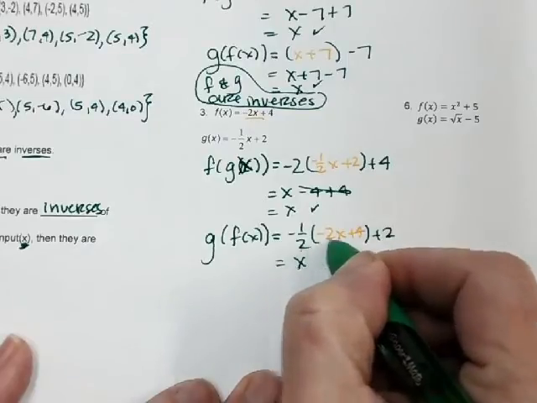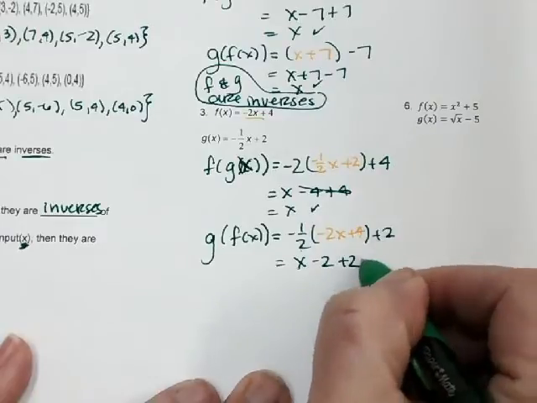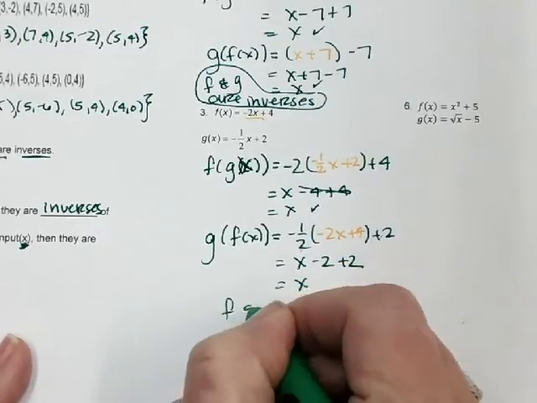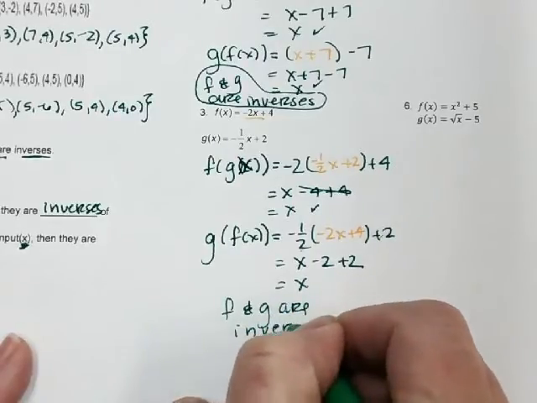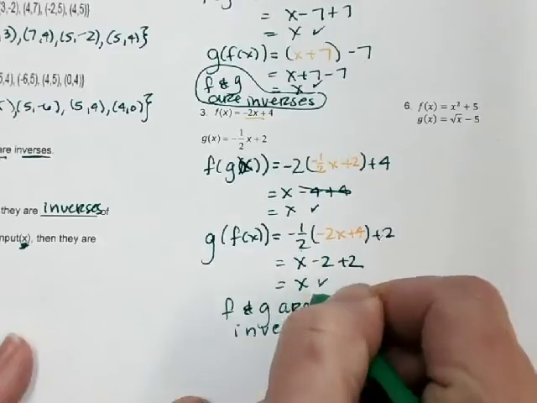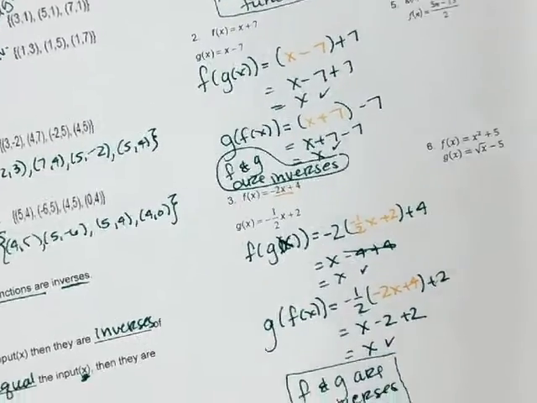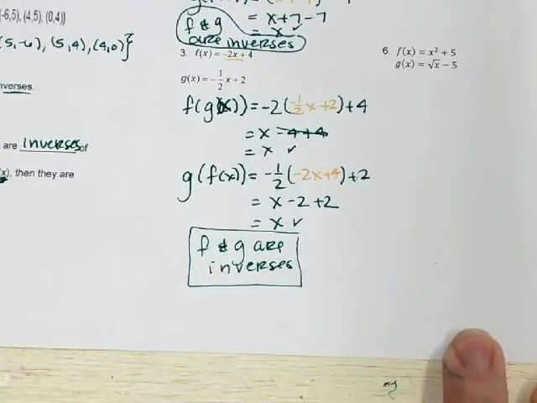Negative 1/2 times 4 is negative 2 plus 2, and negative 2 plus 2 is 0, so that's x. So f and g are inverses, because when I do the compositions of the two, put g into f, put f into g, I get x both times. That means I have inverse functions.